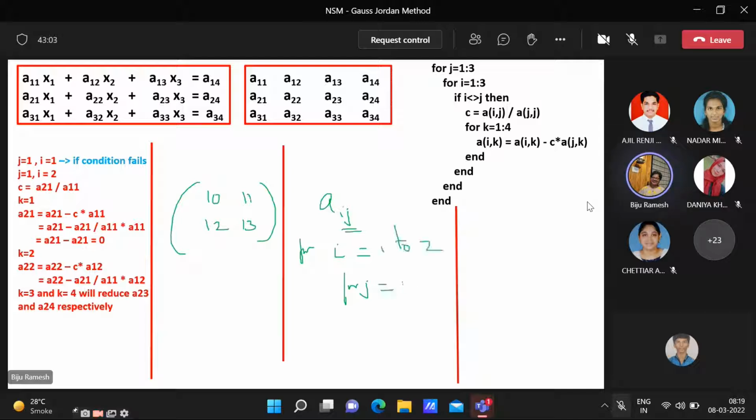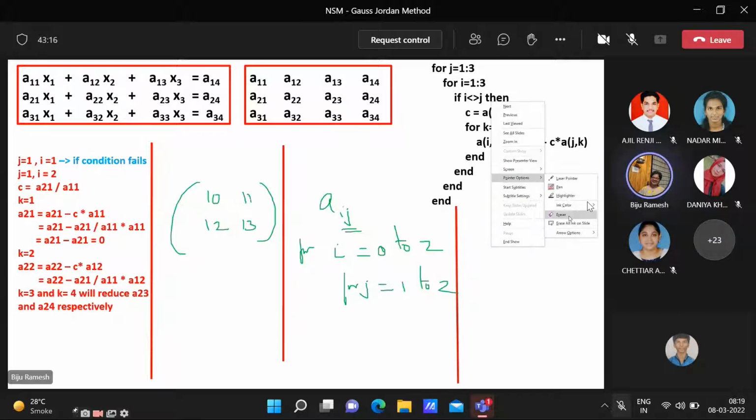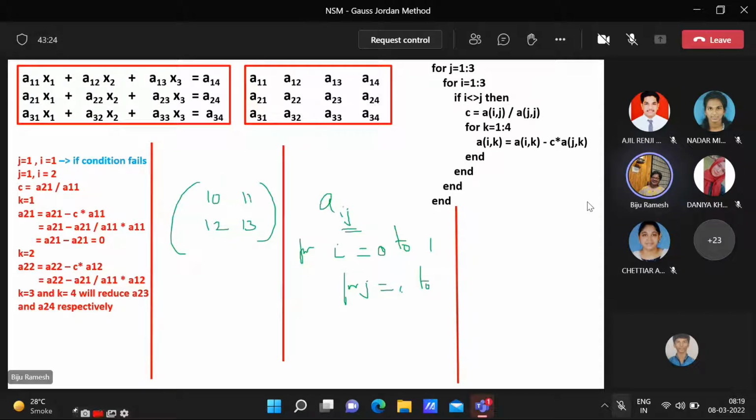Please forget about the language. For the C language it will be 0 to 1. Since you have studied C language, let me go with 0 to 1.